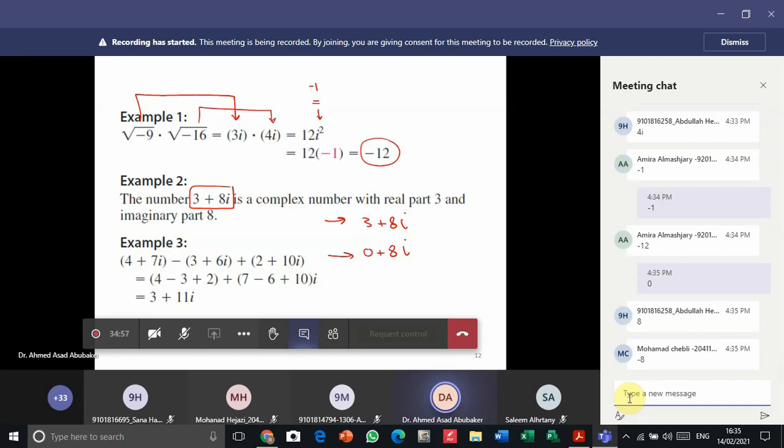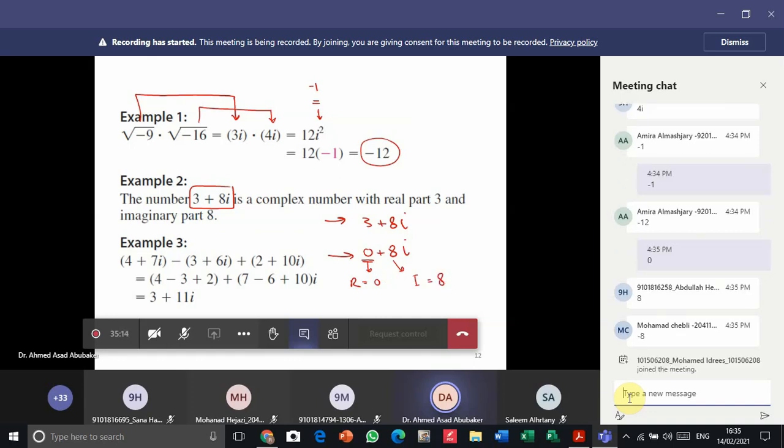No, the real part. Abdullah, Ahmed, real part. The real part is the real without I. Real part 0. Real equals 0. And the imaginary part equals what? 8. Okay?